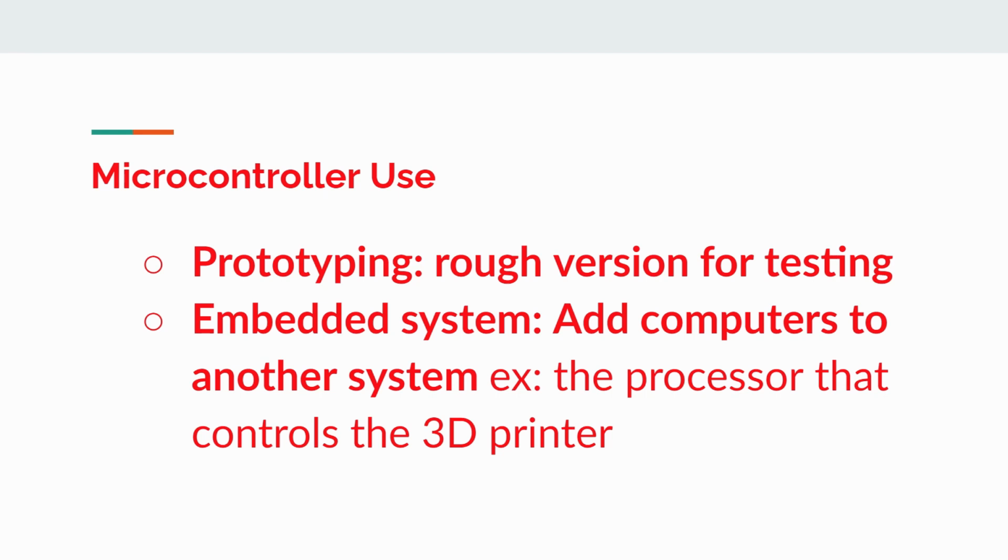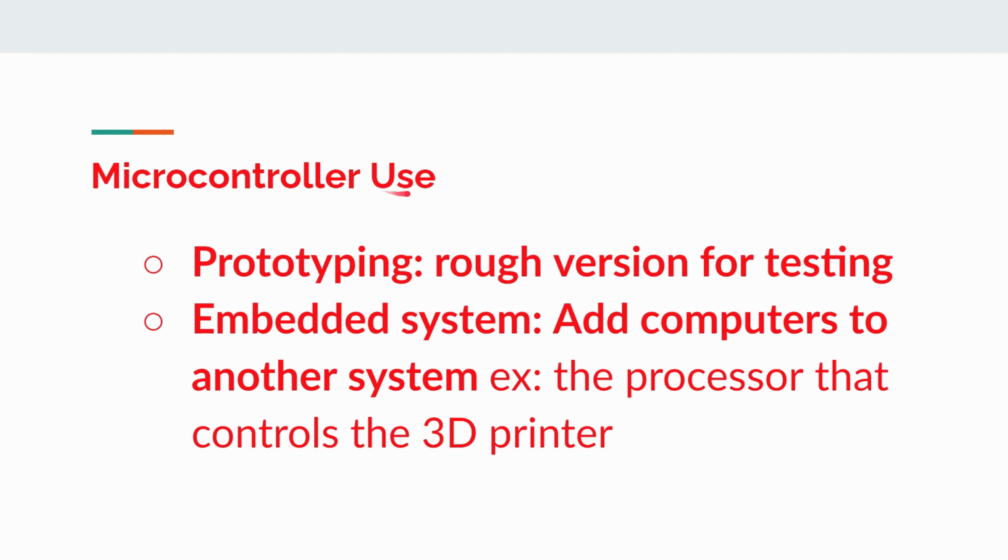You can think of an embedded system as adding computers to something else. For example, our 3D printers have a microcontroller on board, and the only thing that microcontroller does is connect to the motors, move them around, and keep the 3D printer working. It can't go online, it can't check your email, but it can do its job. It can run the 3D printer.